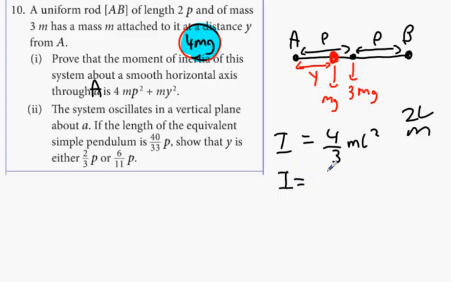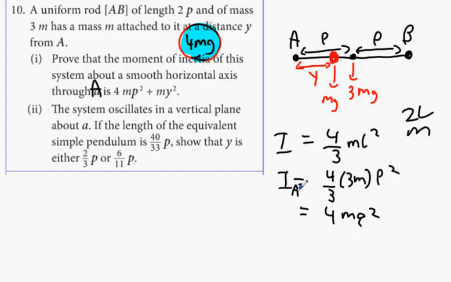So 3m, and we have p, sorry, P. So 4mp squared. That is known as the rod. Oh, sorry, that's not IP. What's that called in this question? IA, because it's going through the axis there. IA is 4mp squared. Okay. What about the mass?